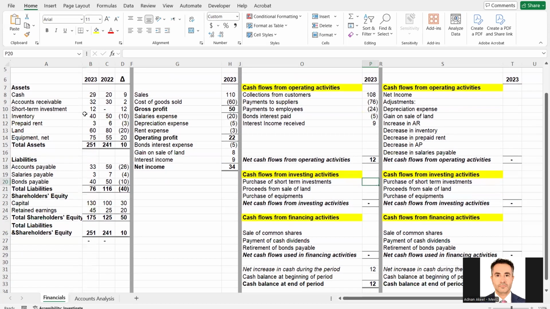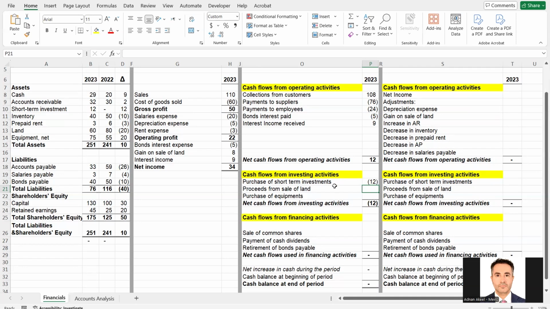Under the short-term investment, I realized I started the year with zero balance, and during the year, the ending balance was 12 million. So logically speaking, I have invested 12 million. This equals minus 12. That is the delta or the difference, minus because it's an investment or cash paid out.